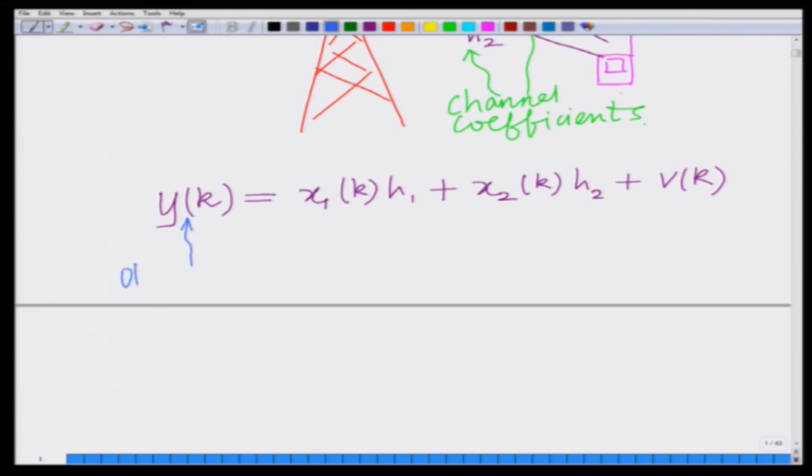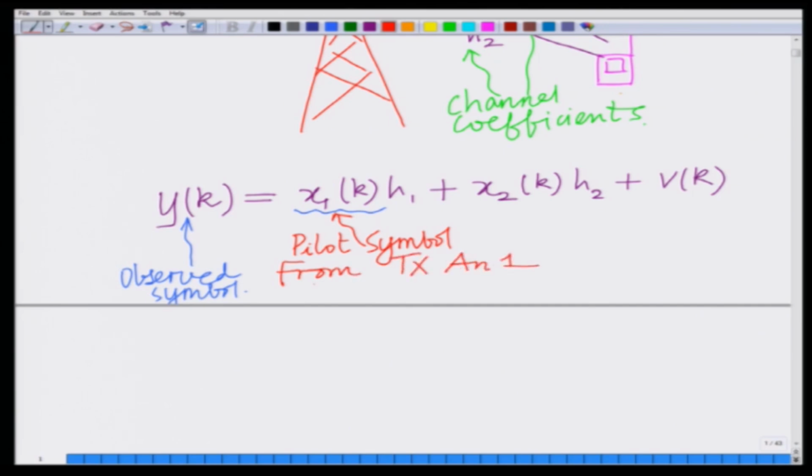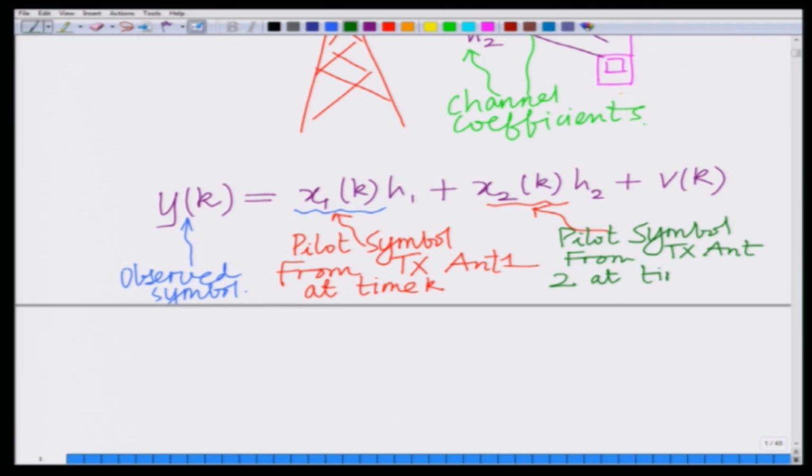What is this? y_k is the observed symbol. x1_k is the pilot symbol transmitted from transmit antenna 1 at time instant k, and x2_k similarly is the pilot symbol from transmit antenna 2 at time instant k. So this is the model we are familiar with.